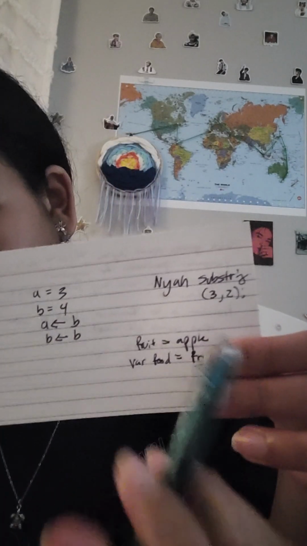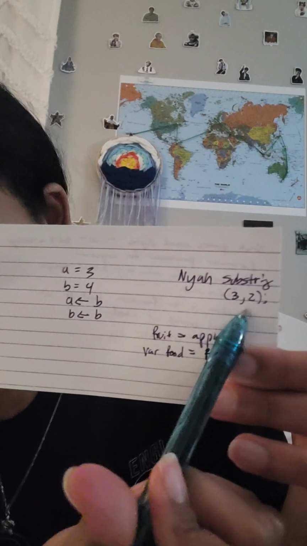Substrings. Yes. Okay, so a substring could be like my name substring 3, 2. So you look at what is in the third place.